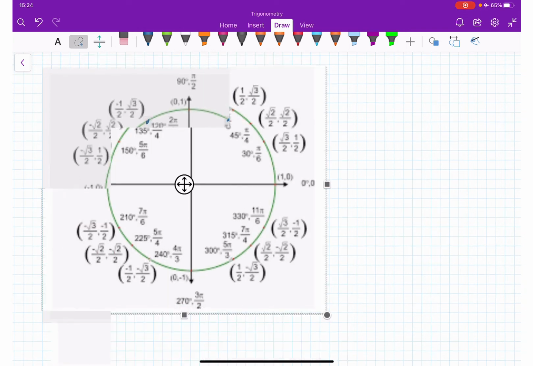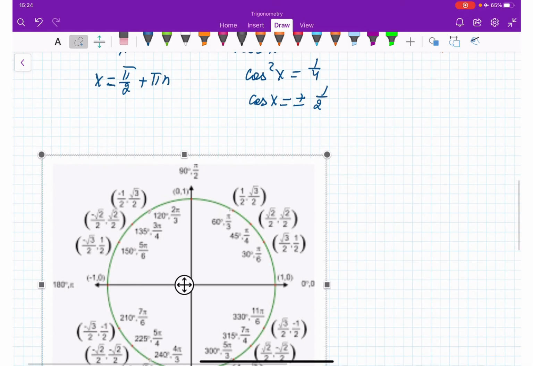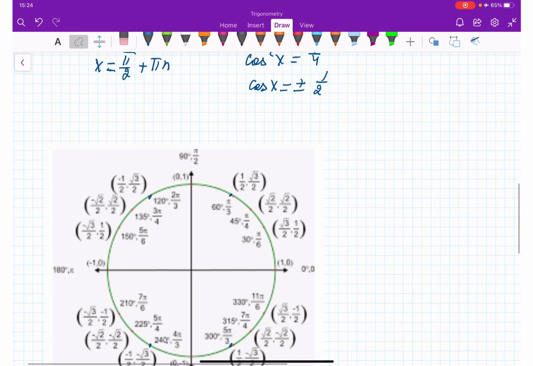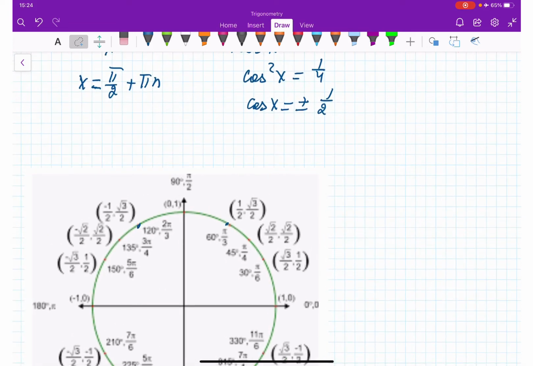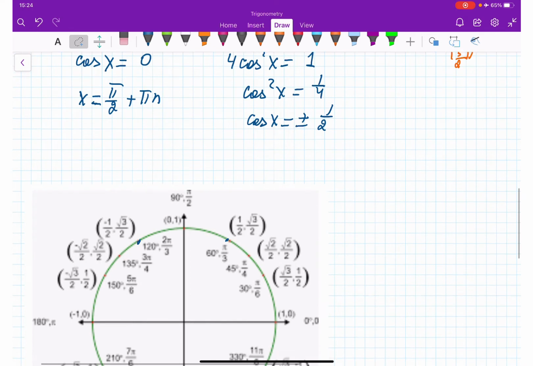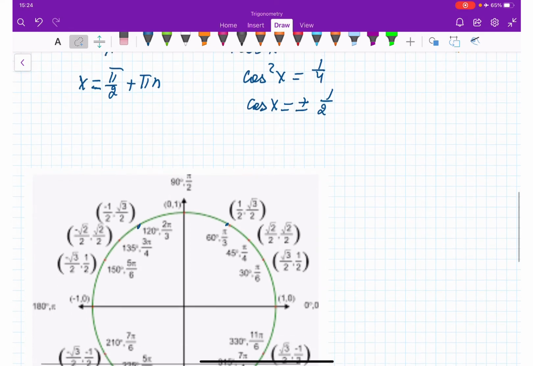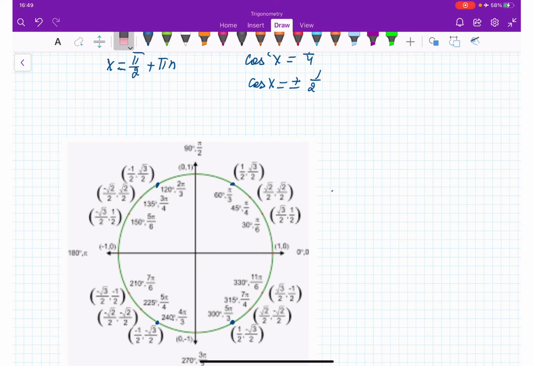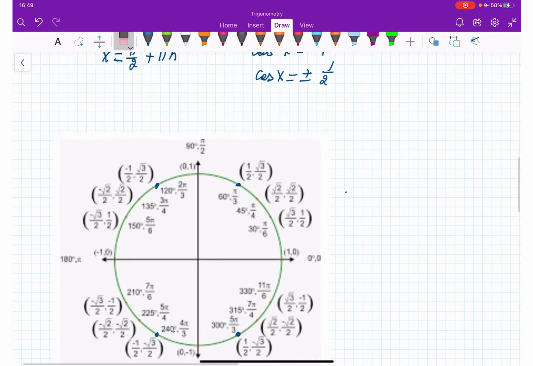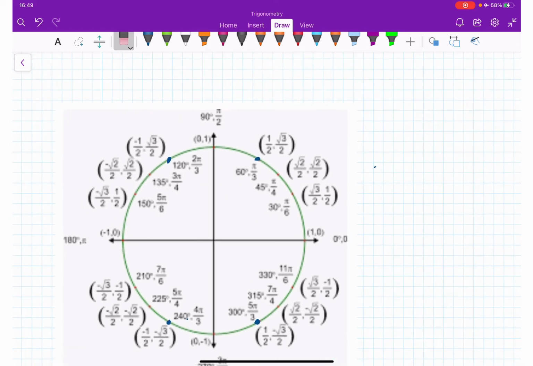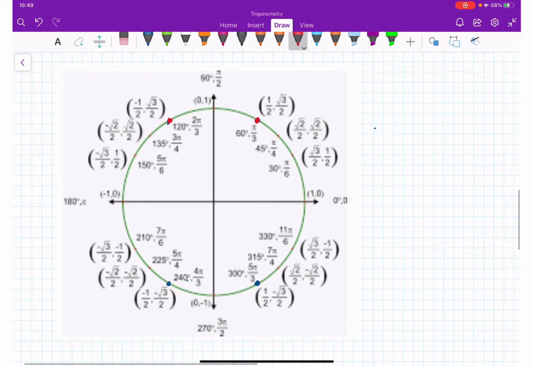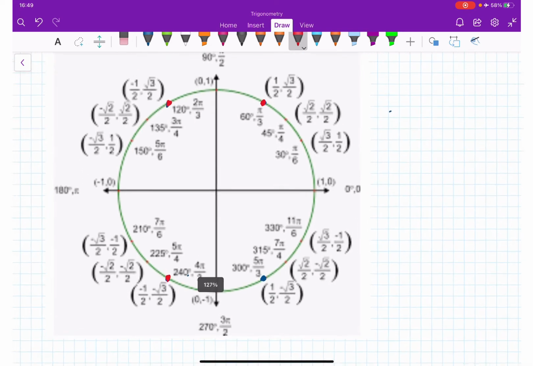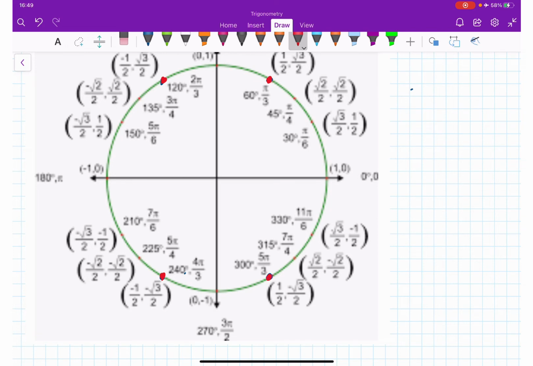That's good enough. So cosine x is equal 1/2. All right, so let's see where we have cosine equal plus minus 1/2. So cosine is the first coordinate, right? So we have it right here, 1/2. Here we have negative 1/2. Here we have negative 1/2. And here we have positive 1/2.